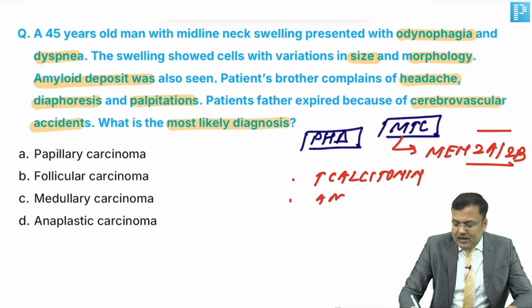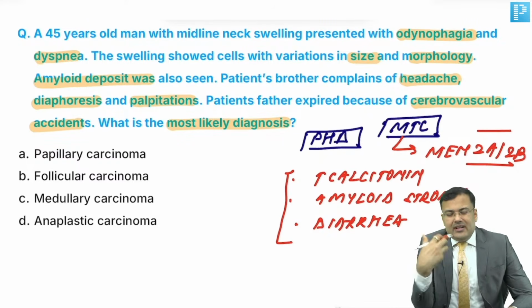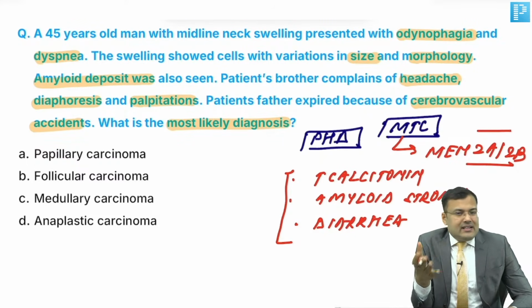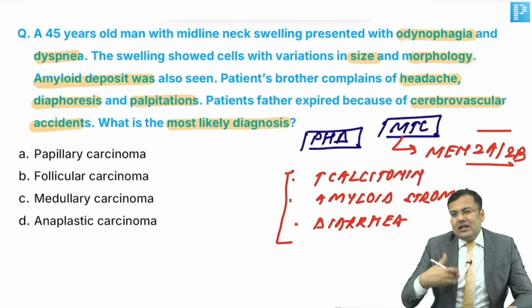There is presence of amyloid stroma or deposit, and these patients have a history of diarrhea. Here the tumor is TSH independent, that's why this tumor is not going to take up radioactive iodine. So radioactive iodine ablation is useless. Here what kind of surgery is done?